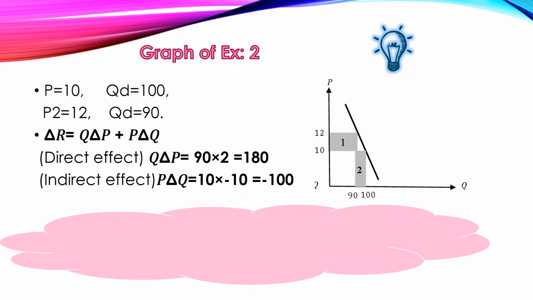The indirect effect is represented here in the second area. Change in quantity, 90 minus 100 equals negative 10, multiplied by price, which equals 10. Negative 10 multiplied by 10 equals negative 100. The overall effect of direct and indirect effects equals 180 minus 100 equals 80, positive.